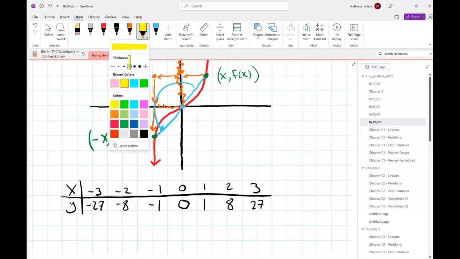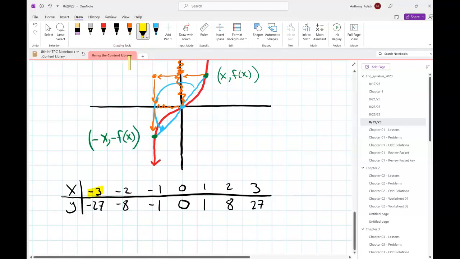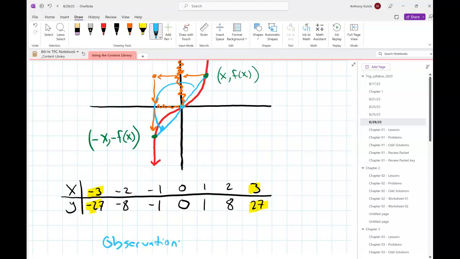So we should notice that if I take -3 for x, I'm getting the same y coordinate as I did for +3, but they're opposite. The observation is that f of -x should be negative f of x. If I plug -3 in for x, I should get the negative of what I got when I plugged +3 in, right?